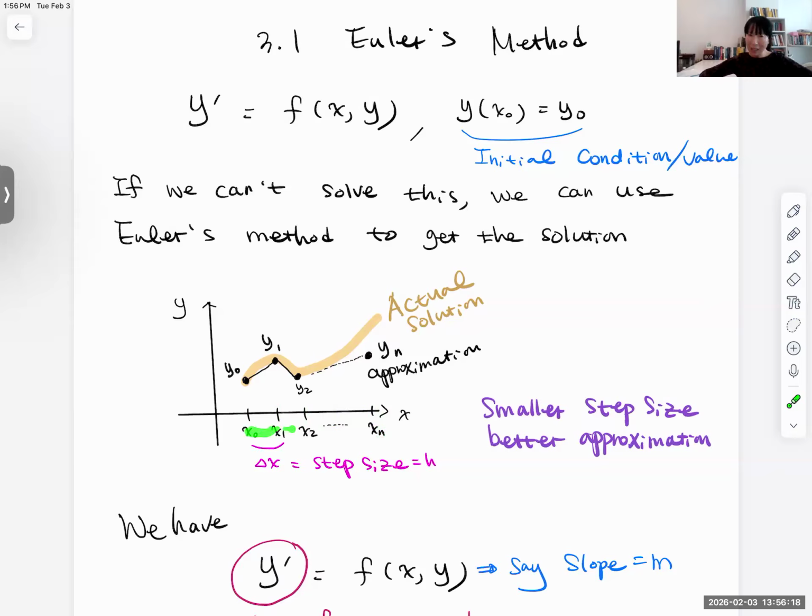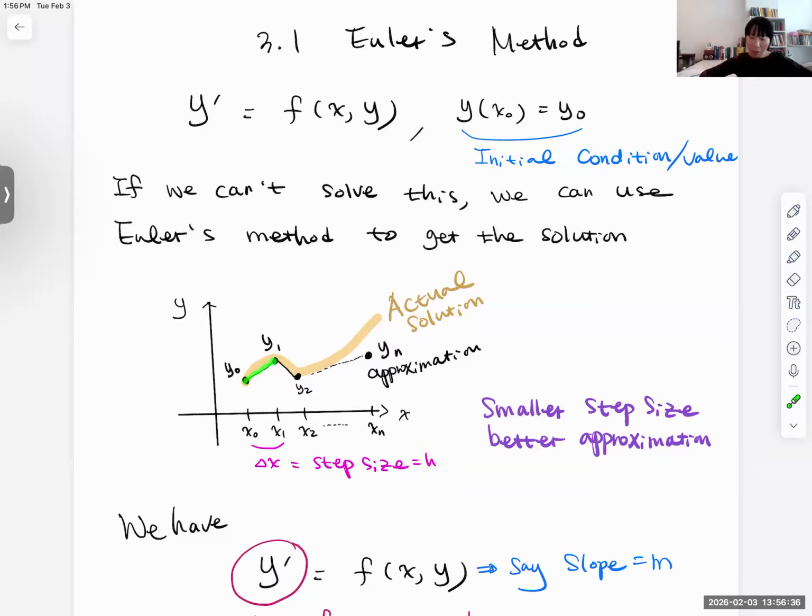The difference in x we call delta x, and this will be the step size. We can denote this step size by h.